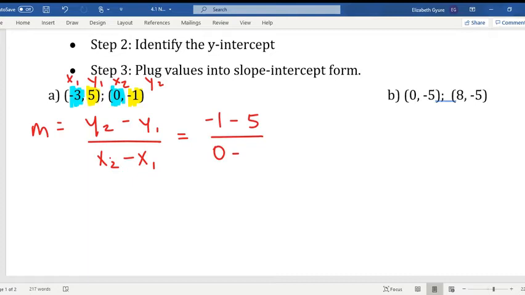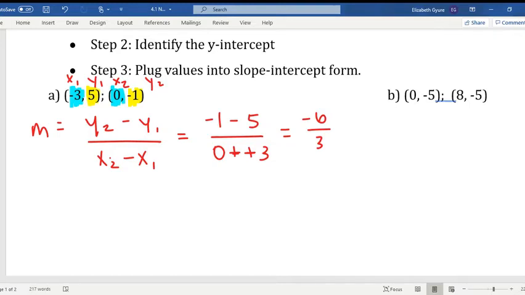Minus, and then what's your x1 value? -3. Yep, I was about to ask, what should I do with that double negative? Change it to a positive. All right, -1 minus 5 is -6. 0 plus 3 is 3.